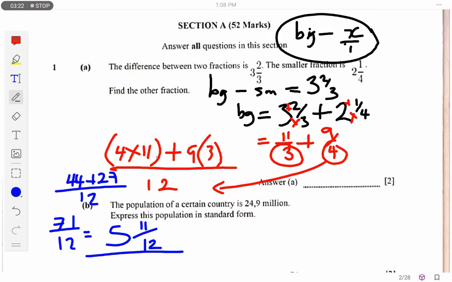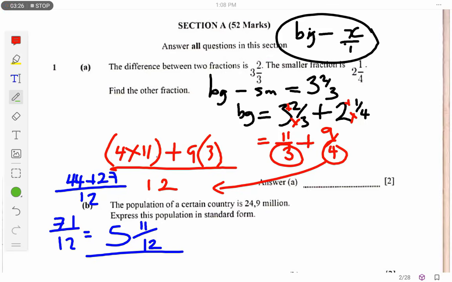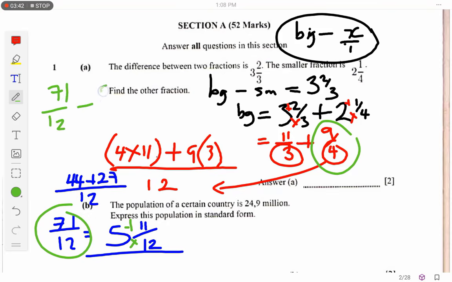Even if you want to redo it, you can have a proof. You multiply and add to get 71/12, then minus the 9/4. You get the same common denominator, which is 12.